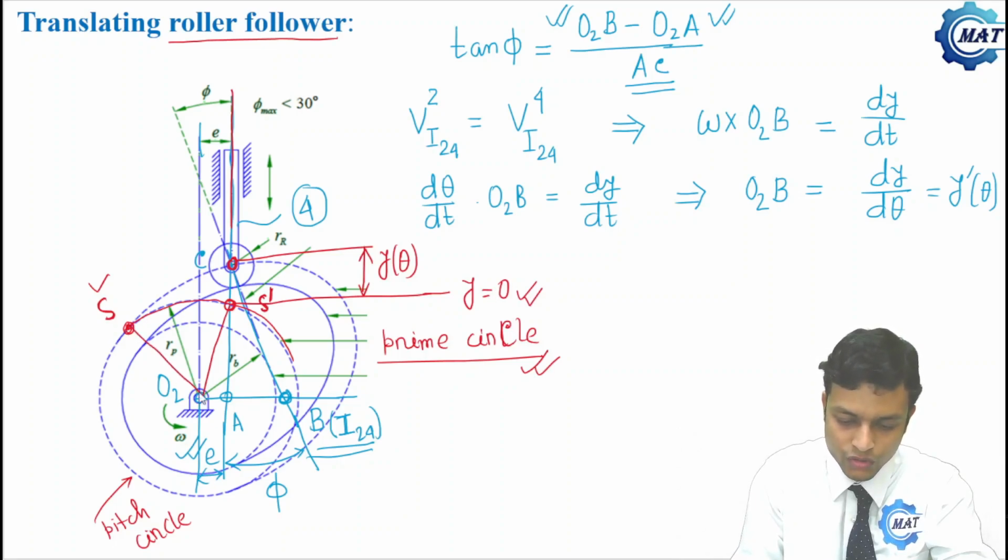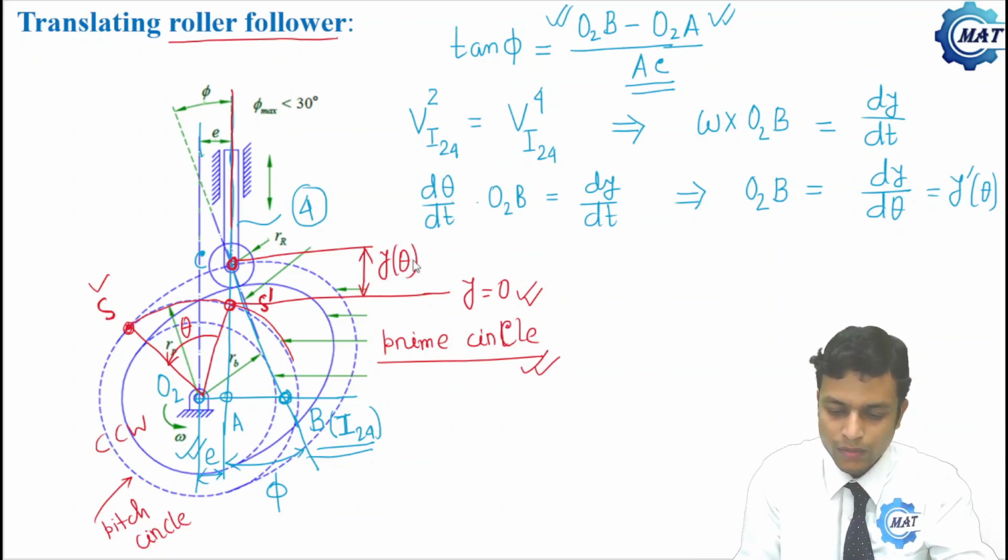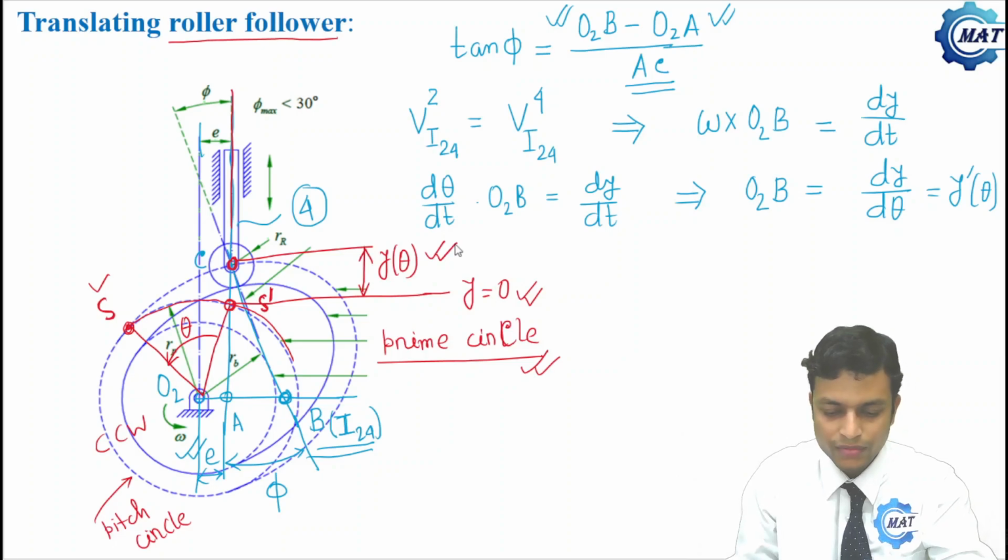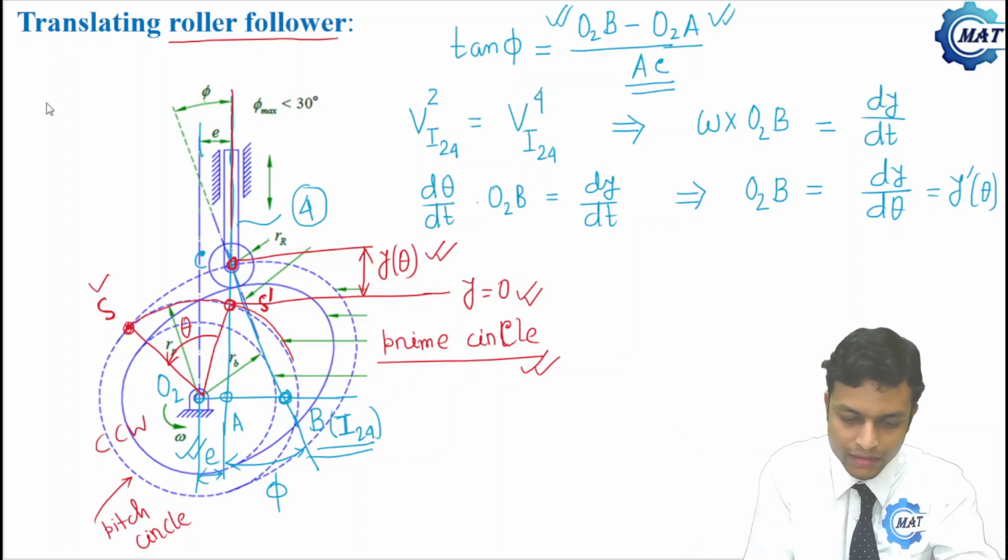Now S comes to here and y becomes y of theta, and the cam is rotating in the counterclockwise direction. So this is the corresponding theta, and due to this theta, the follower displacement is y of theta. So this height, that is C to S prime, is y of theta.